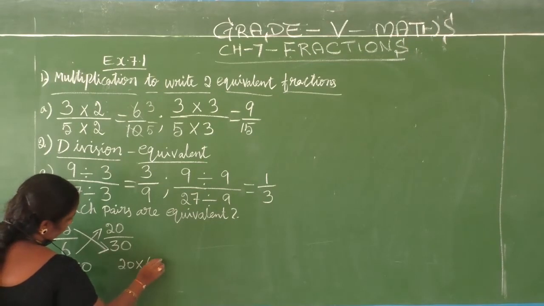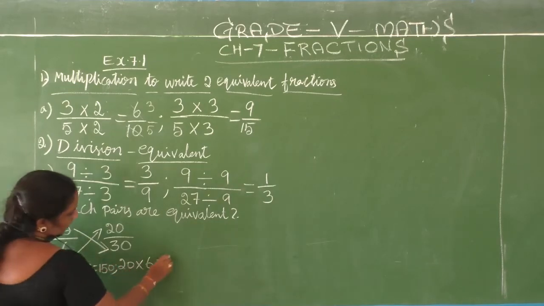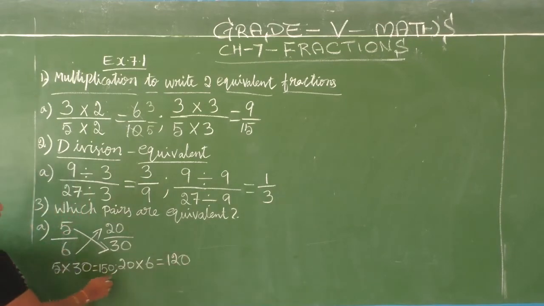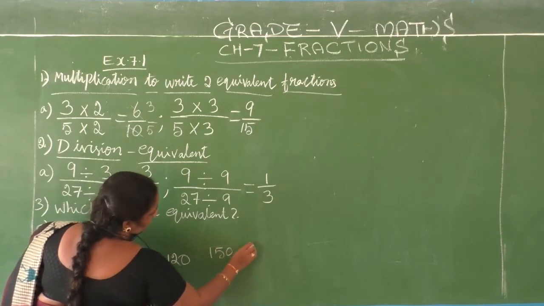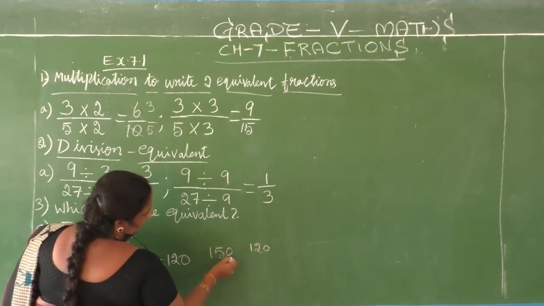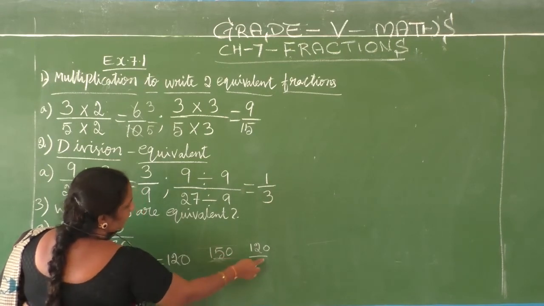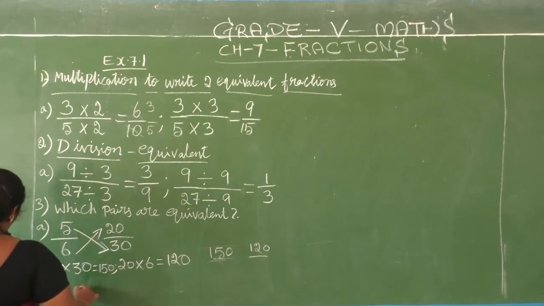What will come? 5 3s are 15, and this 0 will go there, so 150. Here 2 6s are 12, with 0, so 120. Now you compare 150 and 120. Both are not equivalent. 150 is greater than 120. That means no.